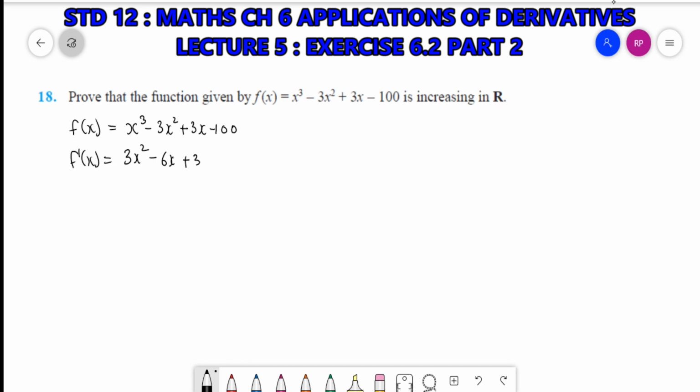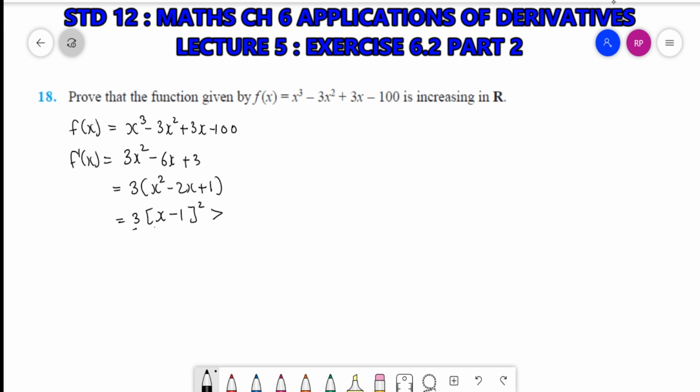Clear? So now let's take 3 common. It will be x square minus 2x plus 1. So x square minus 2x plus 1, that is the formula for x minus 1 whole square. Now 3 is greater than 0, and x minus 1 whole square, as it is a square, will always be greater than or equal to 0.